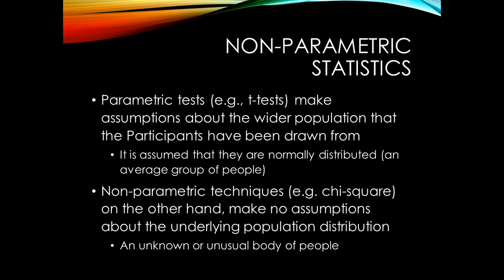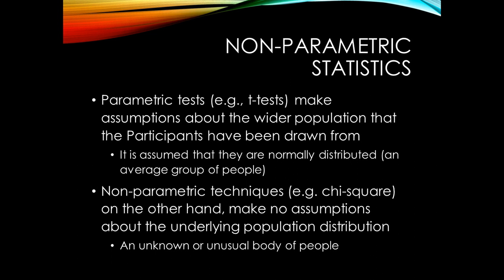There's something about them that makes them set apart, or you simply know nothing whatsoever about the wider group of people from whom these individuals you've experimented on are drawn. So you don't really know if they're normal, not normal, or what they are. They're a bit of a mystery. So if that's the case, you'd use a non-parametric test, and chi-square is one of the non-parametric tests.